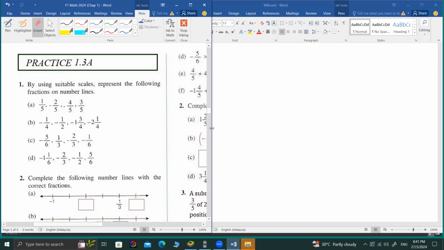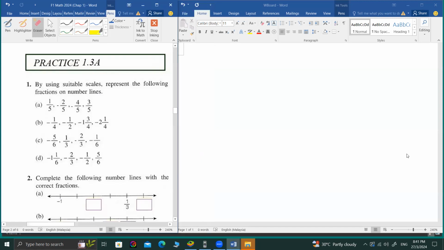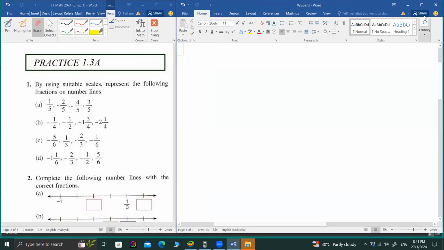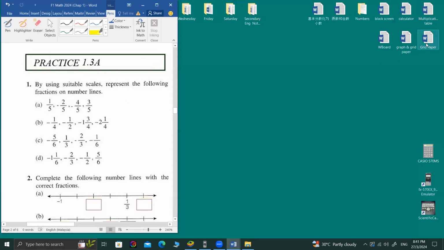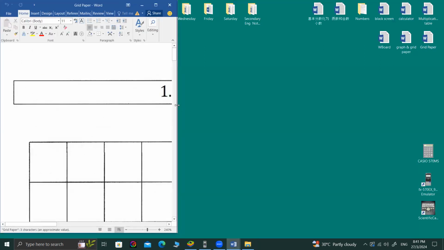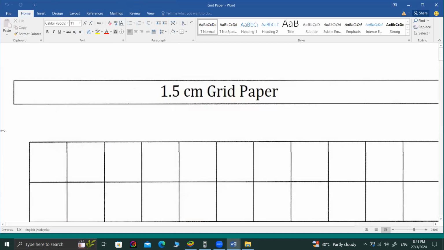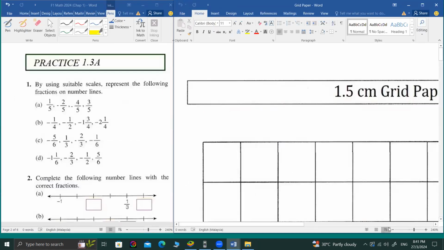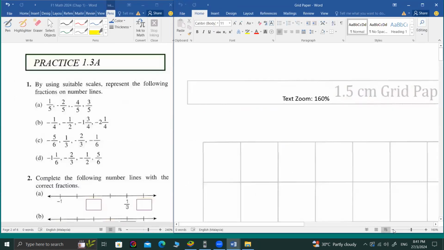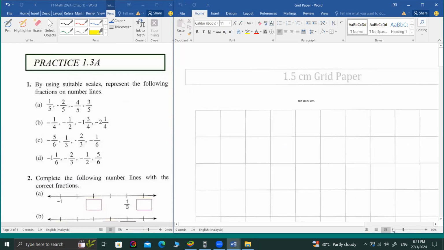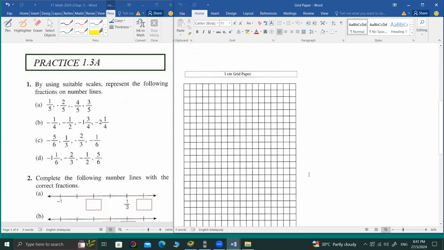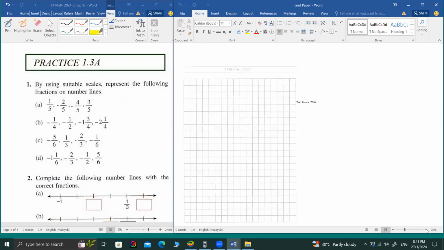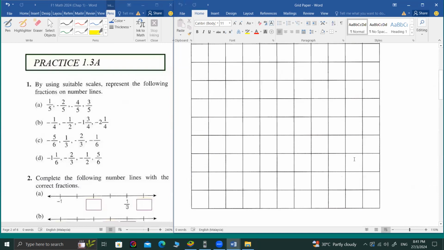Get ready 1.3a and get ready the brick paper or the graph paper to draw the number line again. If you don't have brick paper, like last time, I showed you already. How should you do? You just draw the line with your ruler, measure with a suitable length.